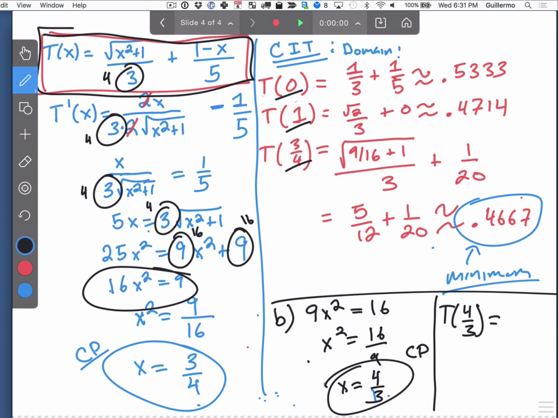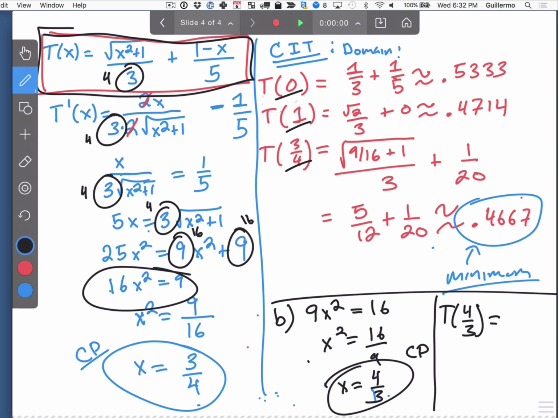So the minimum of this function, when you put in the 4s and whatnot, is when x is 4/3. But now if you go back to the context of your problem, 4/3 is not in consideration, right? Because it's outside of your domain, because you would be rowing past town, and you don't want to row past town because it's faster to row straight to town at that point, right?